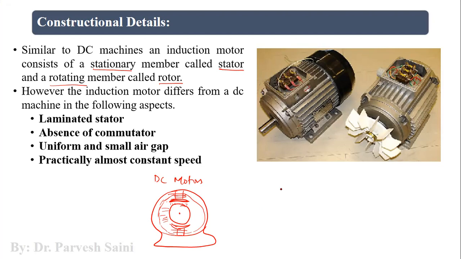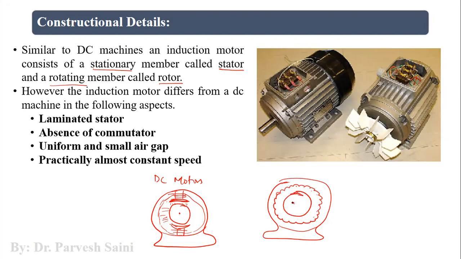But in case of induction motors, if you draw it in a similar way, we have the slots on the stator. The stator is made up of laminated sheets. Windings are placed in these slots, and here we have a rotor.